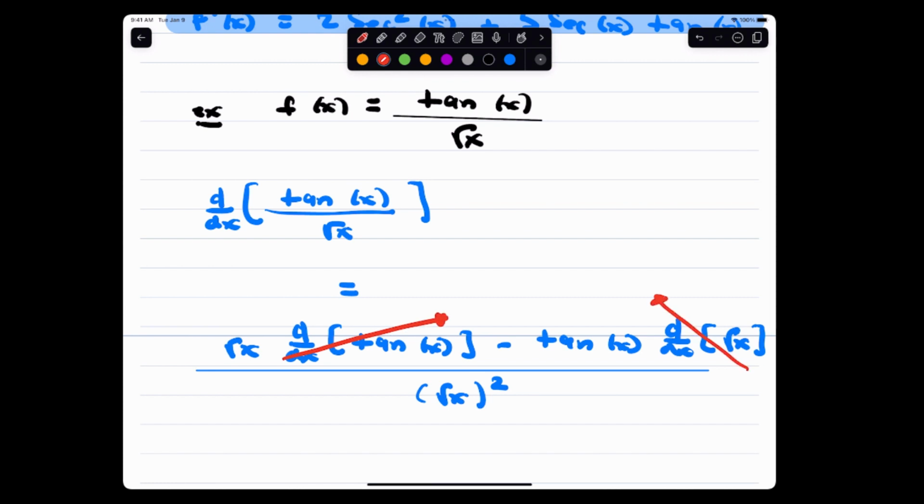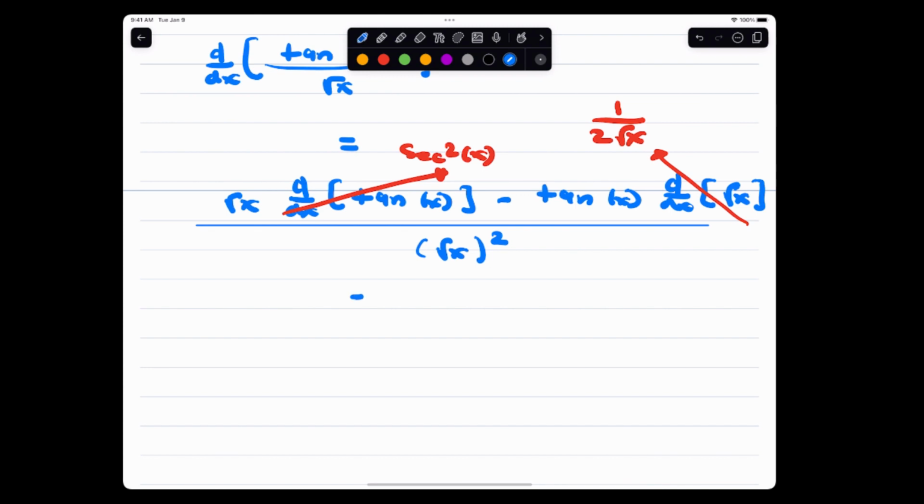What's the derivative of tangent? Good. What's the derivative of the square root of x? Did you guys have that memorized yet? Didn't I tell you it shows up all the time? Now doesn't it, right? All right.